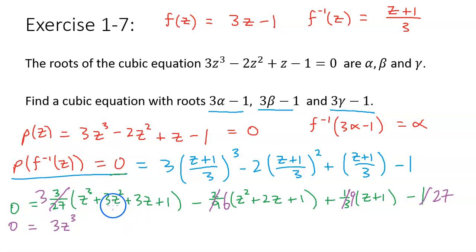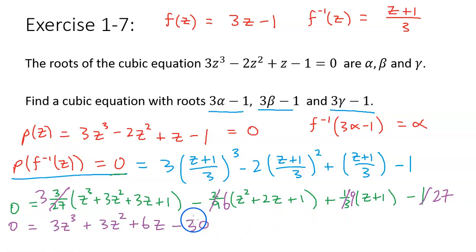Then we have 9z squared minus 6z squared, so that will be plus 3z squared. And then we have 9z minus 12z, so negative 3z, and then plus 9z, so that will be plus 6z. And then we have 3 minus 6 minus 27, so that will be minus 30.